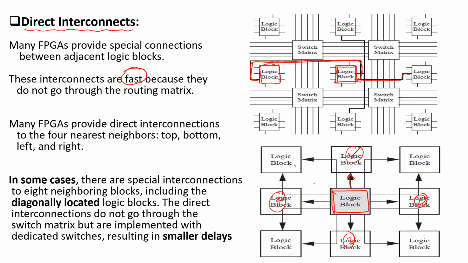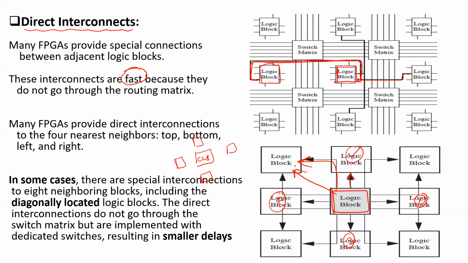For example, this wants to connect here, so through this block also it is possible to connect to this one. This is a special interconnect in the direct methodology. In the direct methodology, diagonal blocks are also able to communicate in a better fashion. But essentially, you have to understand that one particular logic block, CLB, can communicate with at least four neighboring CLBs.